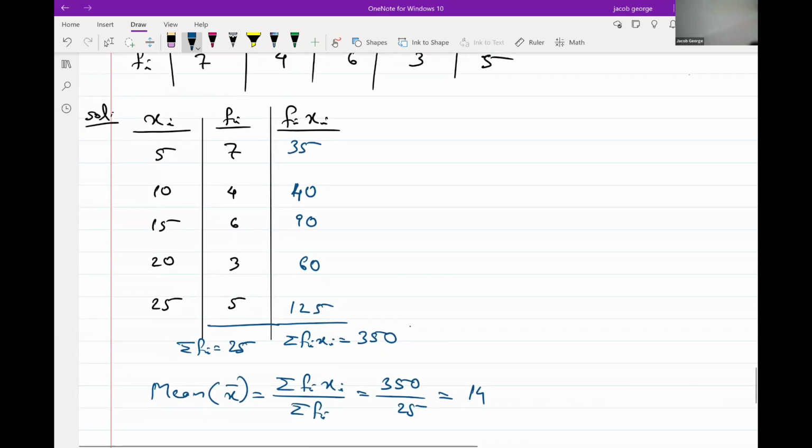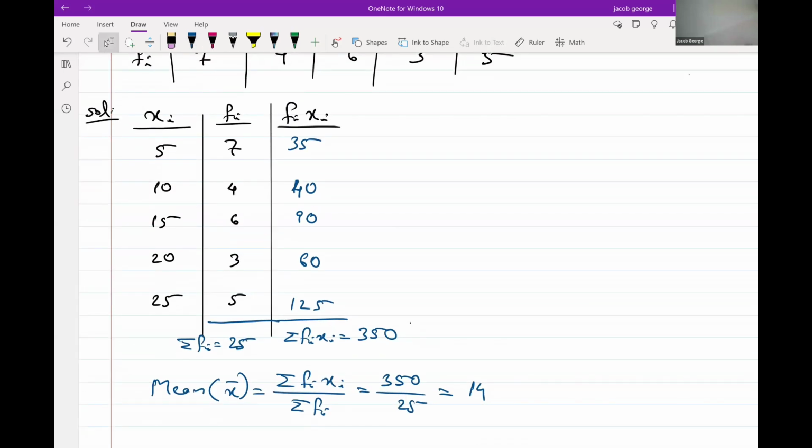Okay, then you will draw the additional columns. Modulus xi minus x bar, then fi into modulus xi minus x bar. First one is modulus 5 minus 14, 9.